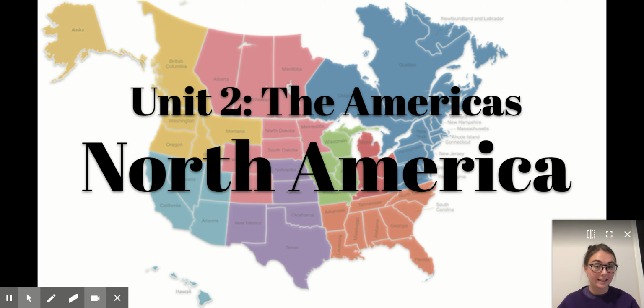I know that when we label North America on a map, it also includes Mexico and Central America, but we're going to study that as a separate part within this unit. So just for now, when we're talking about North America and patterns and such, just know that we are talking about the United States and Canada for the time being.